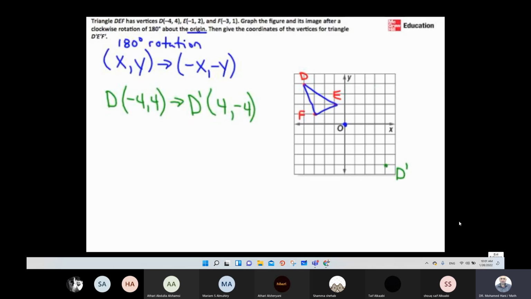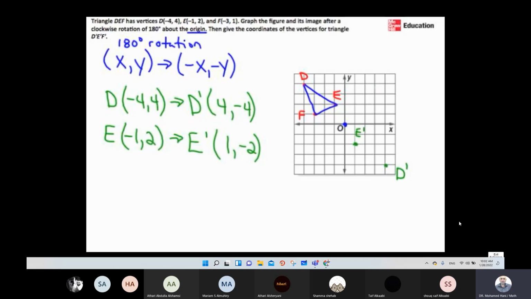Now let's go to E. So E was (-1, 2), and that will map to E prime, and the opposite of negative 1 is 1, and the opposite of 2 is negative 2. So we'll plot that, so to the right 1 and down 2, and label that E prime.